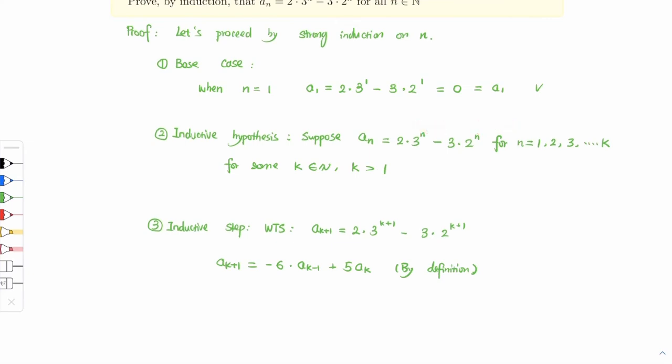You know a k and you know a k minus 1, so that gives you negative 6 times a k minus 1, which is 2 times 3 to the k minus 1 minus 3 times 2 to the k minus 1, plus 5 times 2 times 3 to the k minus 3 times 2 to the k. This is by IH.